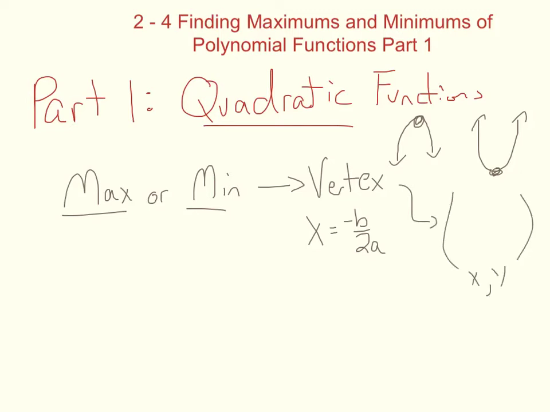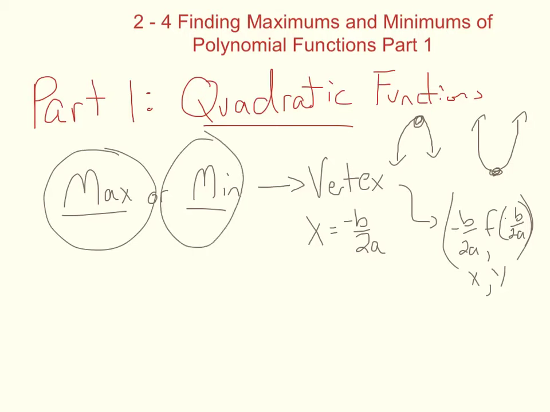The fancy way to write it is x is the opposite of b over 2a, and y is whatever you get when you plug in x. That's how to find the maximum or minimum value at the vertex.